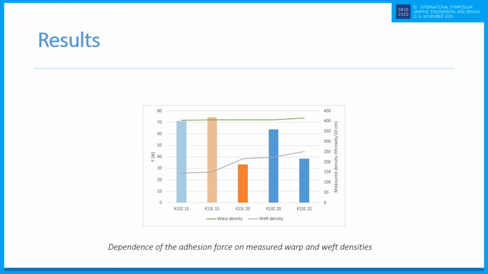Comparing all samples, the tendency is that the adhesion force decreases when the measured weft density increases, but the correlation is not direct. An increase in the measured warp density also shows a general but not direct tendency for the adhesion force to decrease.